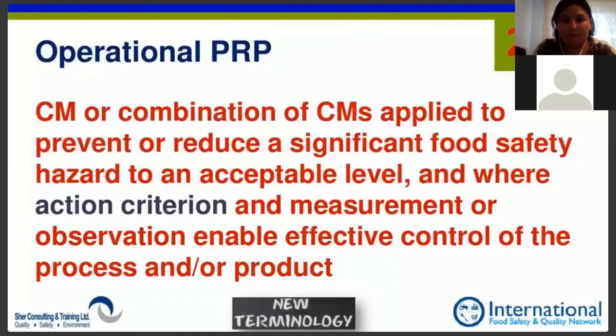Okay, I'm going to say that again, just to make sure we're clear. If there is a control measure that is a step in the process, and it's essential to reduce or to prevent a significant food safety hazard, and monitoring yields a number, a measurement, then you are a CCP. Anything else is an OPRP.